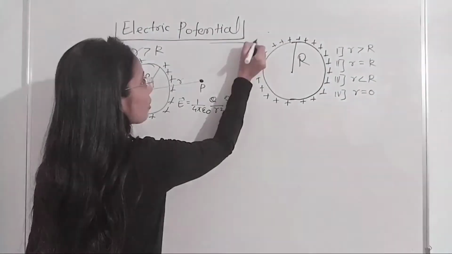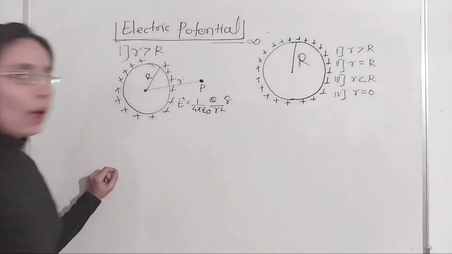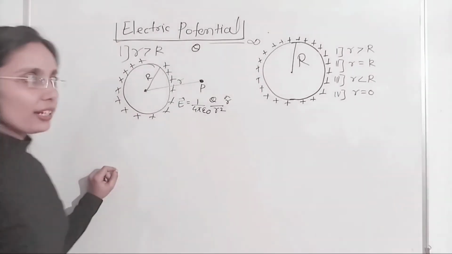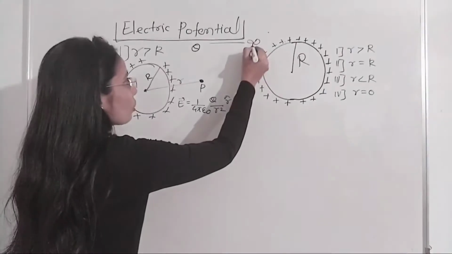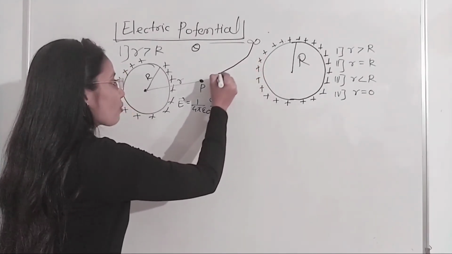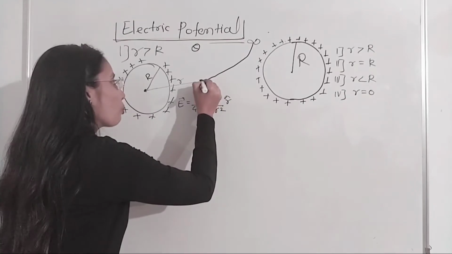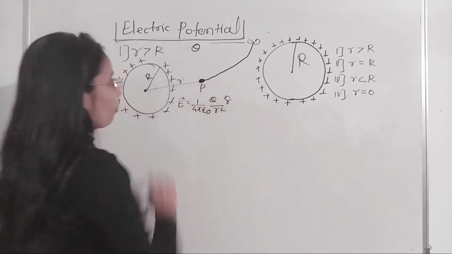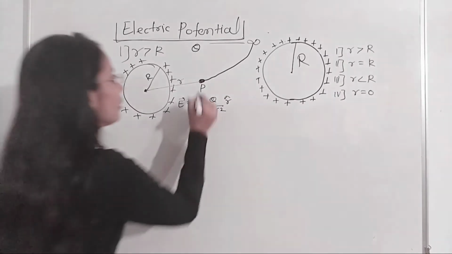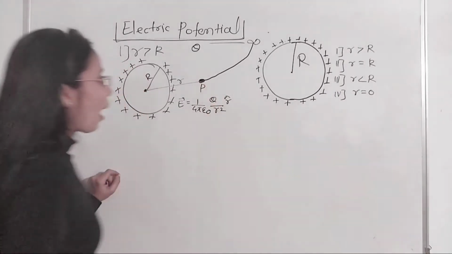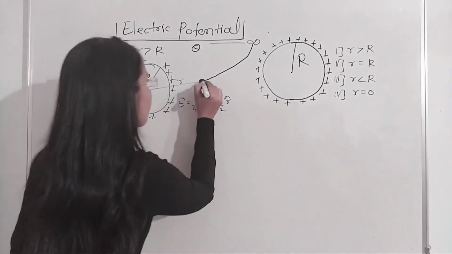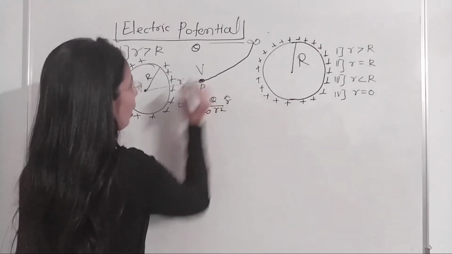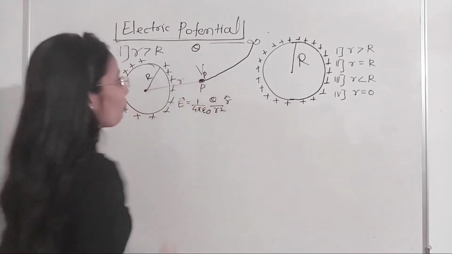Suppose this is infinity, and we pick up the q charge from infinity and drop it here at point P. For that we have to calculate the electric potential, that is Vp.